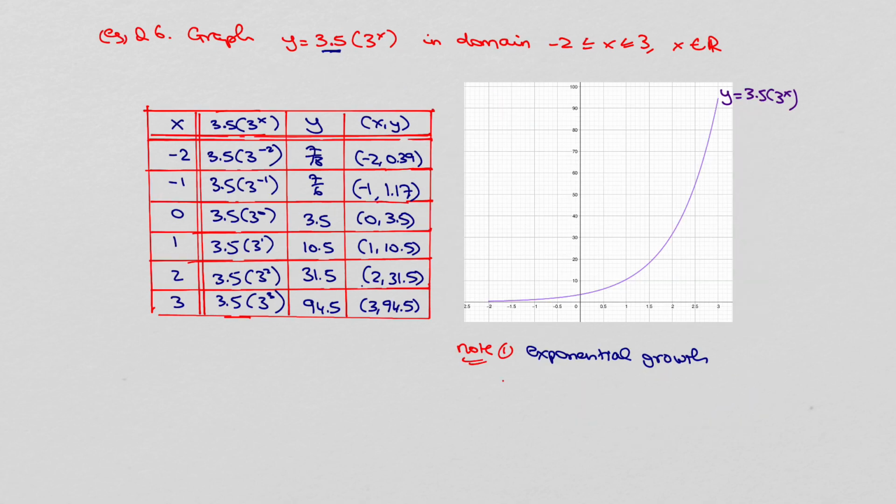This time, however, we see that it crosses the y-axis at 3.5, and that's the coefficient in front of the 3 to the power of x.